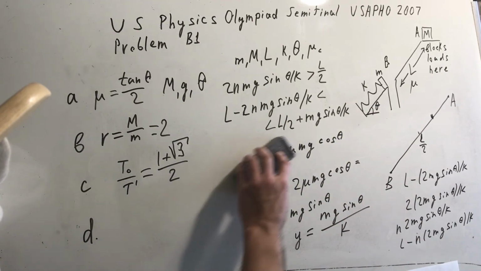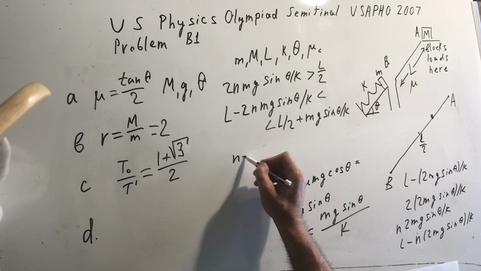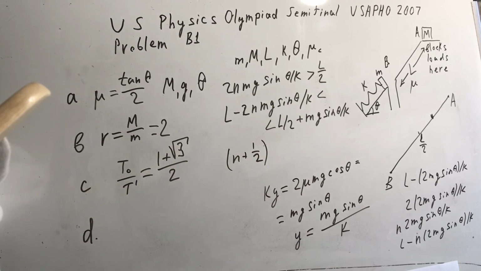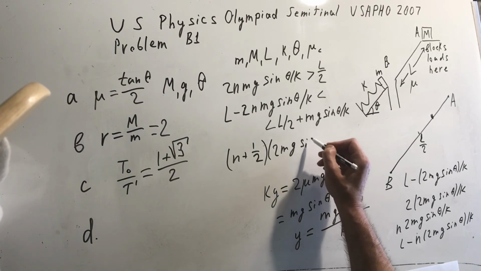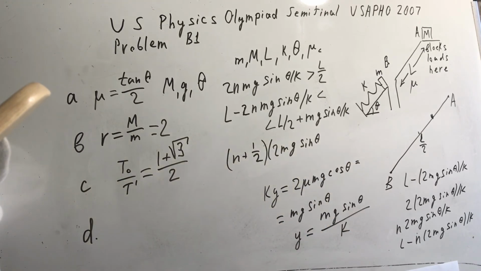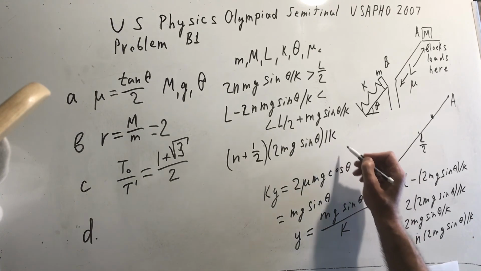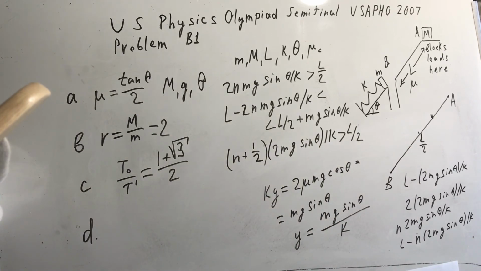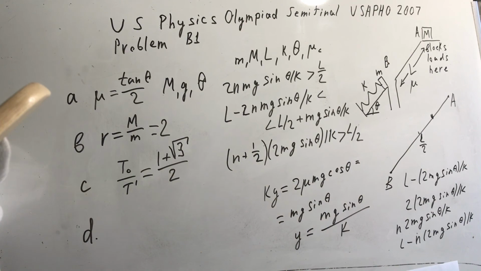Or we can rewrite this expression in the form of n plus 1 over 2 times mg sine theta over k must be greater than L over 2. So this is the solution. Either this one, if it comes first, or this one, if it comes first.